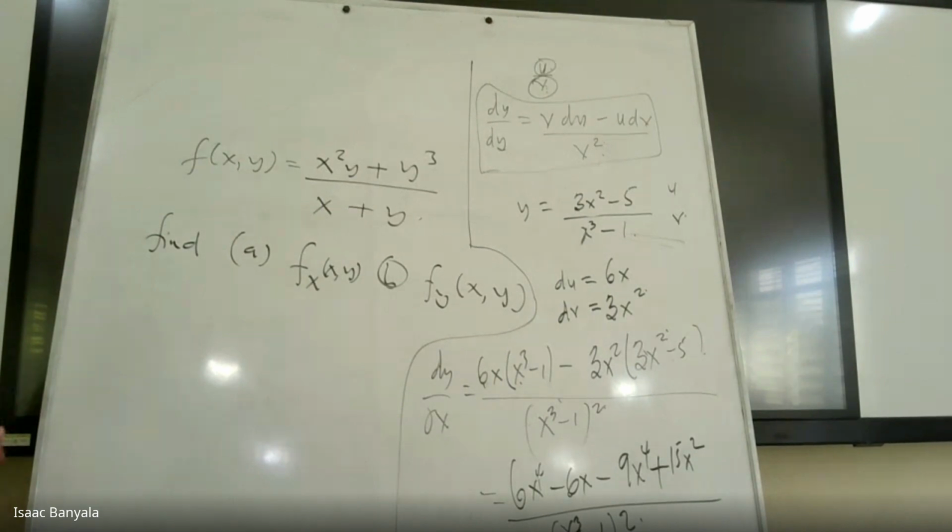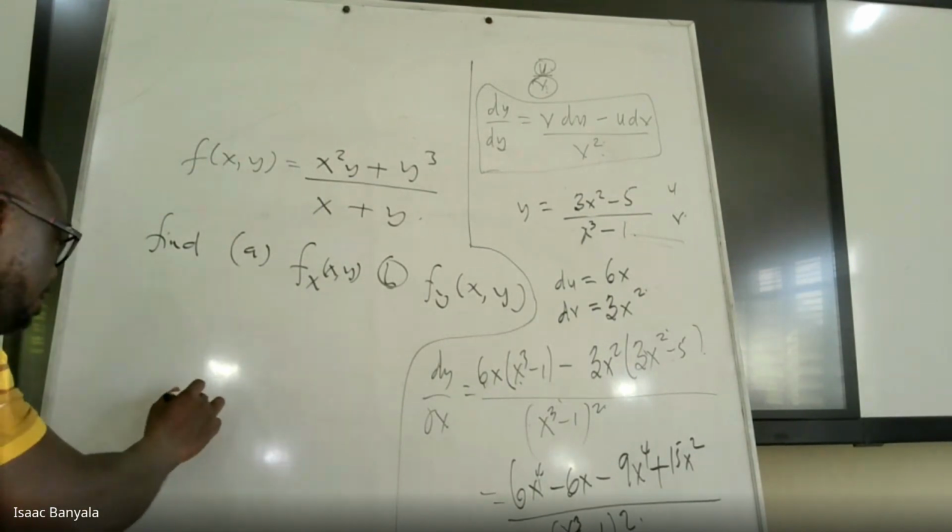So you get minus 3x to the power 4 minus 6x plus 15x squared, all over x to the power 3 minus 1 in a bracket all squared.